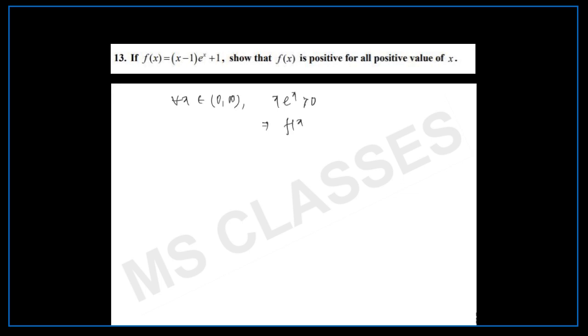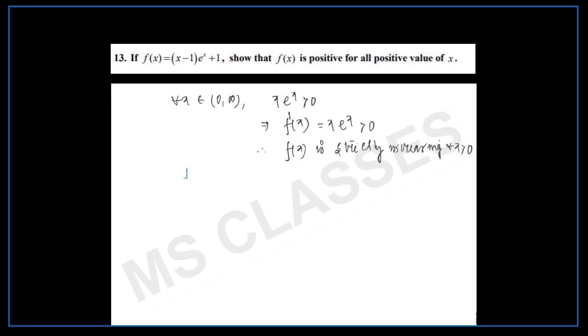This implies f dash x equals x e to the power of x is greater than 0. Therefore, f(x) is strictly increasing for all x greater than 0.